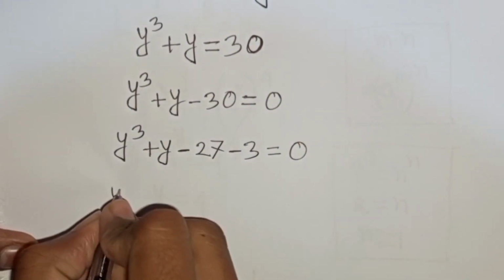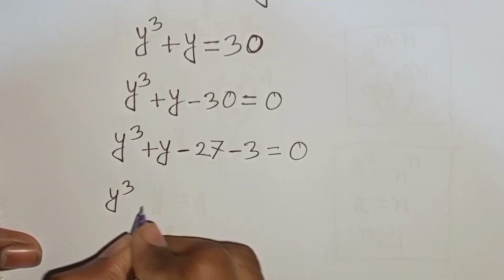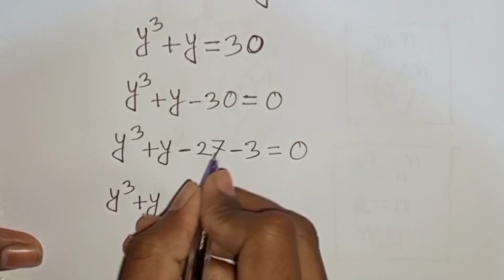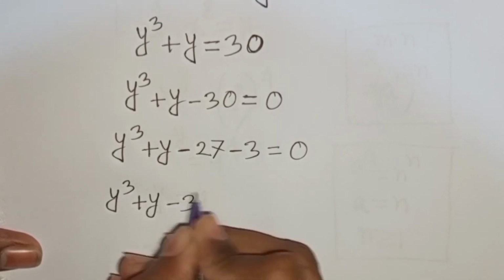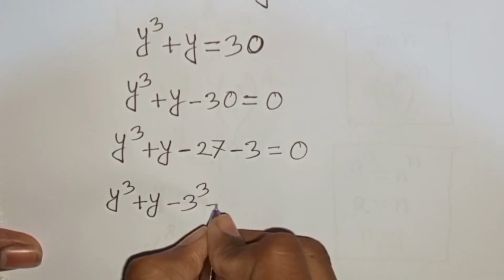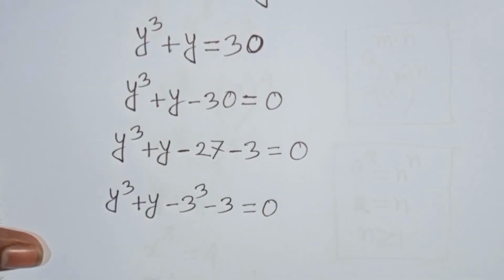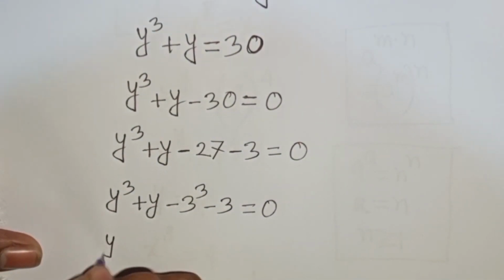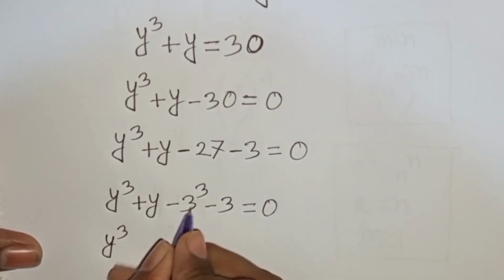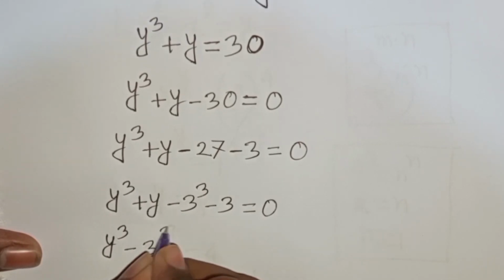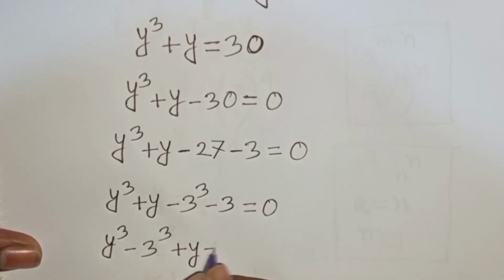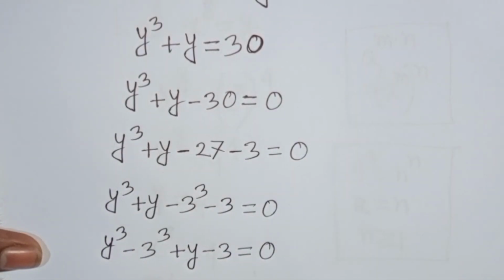Now we have y cube plus y, then minus 27 is the same as minus 3 cube, then minus 3, is equal to 0. Now we have y cube minus 3 cube plus y minus 3 is equal to 0.